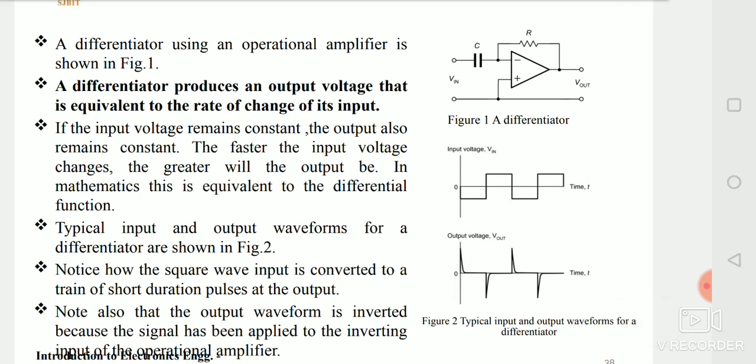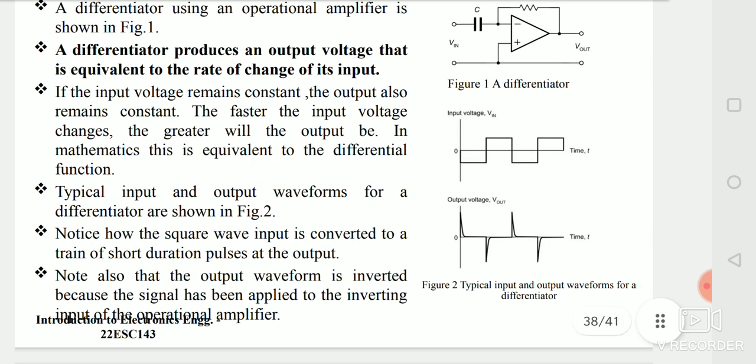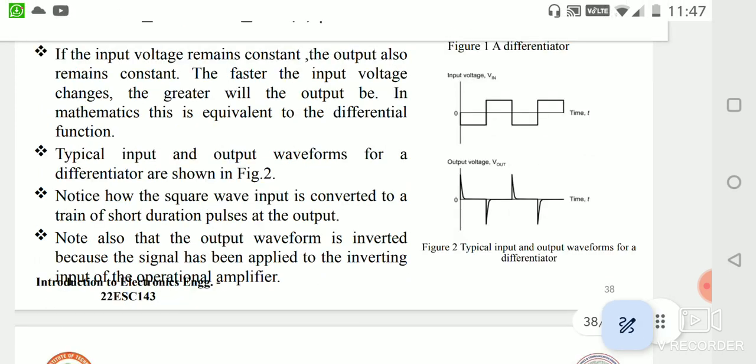The typical input and output waveforms of the differentiator are as shown in the figure. Notice how the square wave input is converted into a train of short duration pulses at the output. Note also that the output waveform is inverted because the signal has been applied to the inverting terminal.